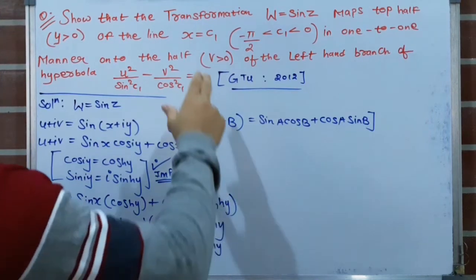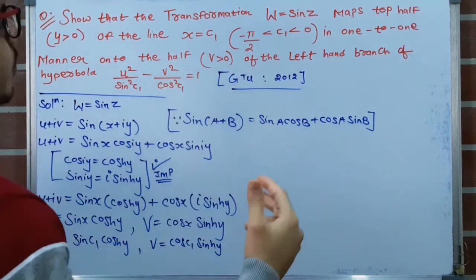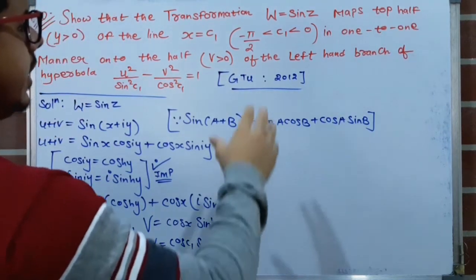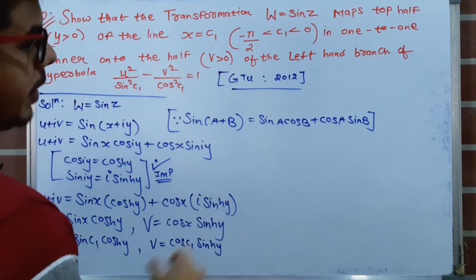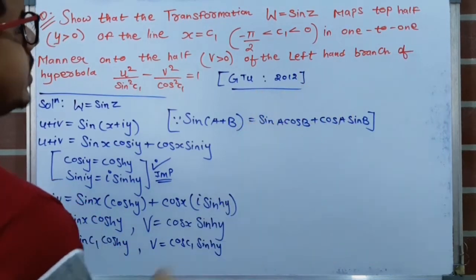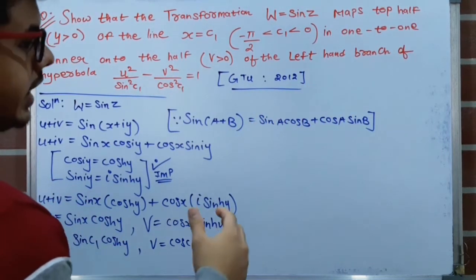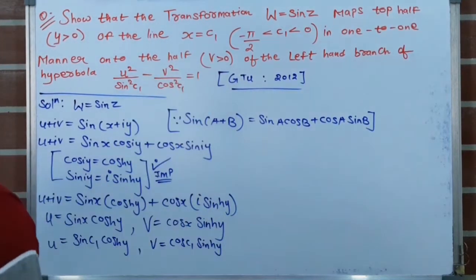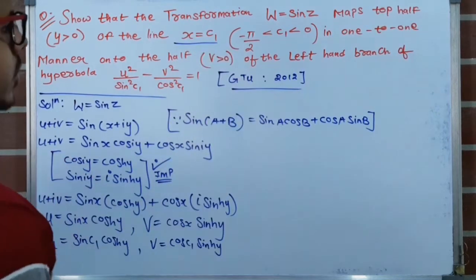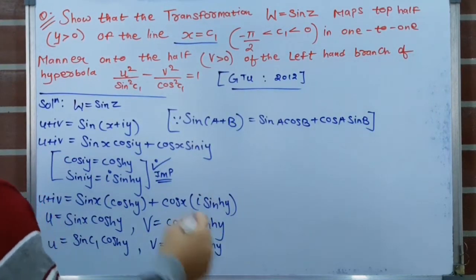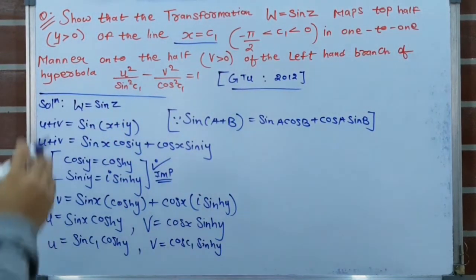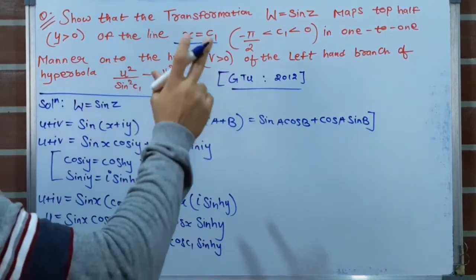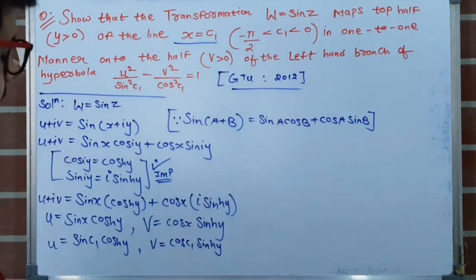The first case is when x is constant and the second when y is constant. When x is constant, the equation we get is of a hyperbola, and when y is constant, we get the equation of an ellipse. So remember these conditions. Here it is given that x is constant, so we get the equation of the hyperbola. Here it is mentioned, so no worries, but where it is not mentioned, we have to remember the two cases of the W equals sin Z mapping.